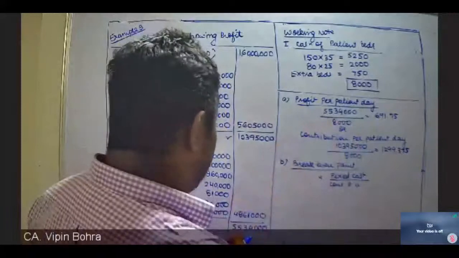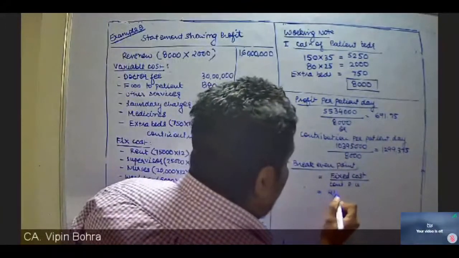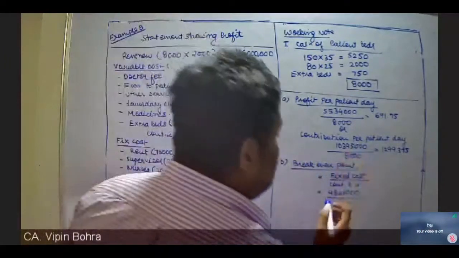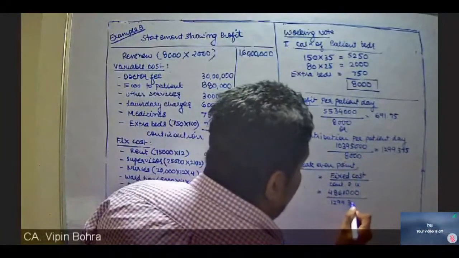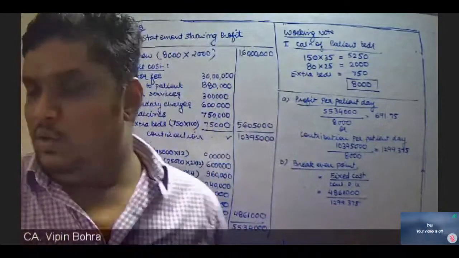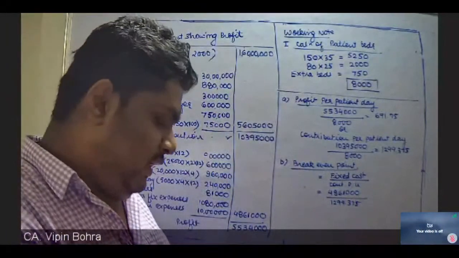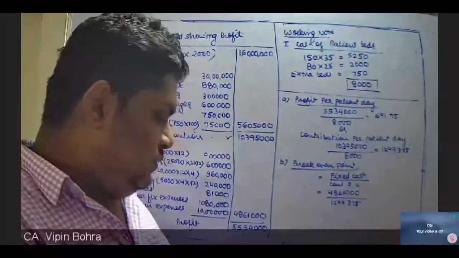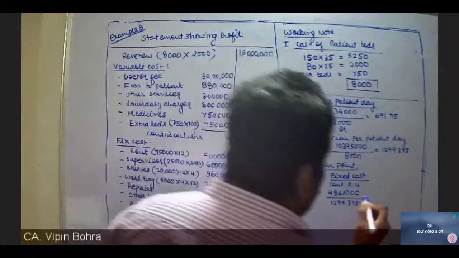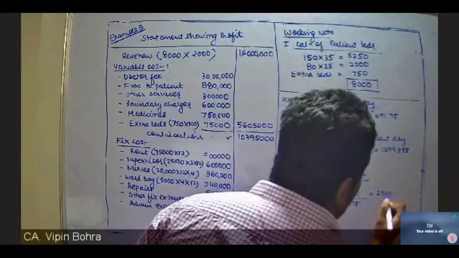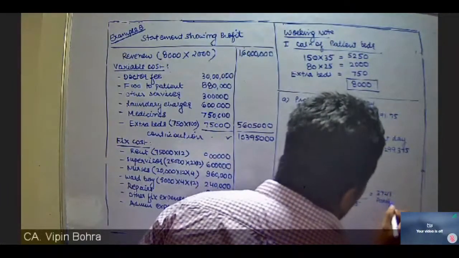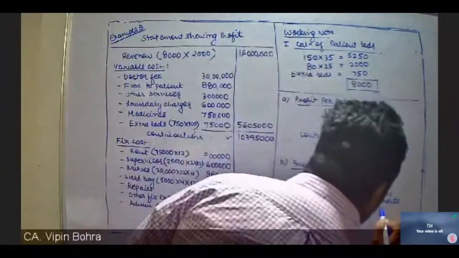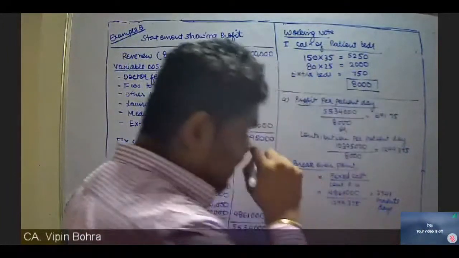So now here our fixed cost is 48 lakh 61,000 divided by contribution per patient day, it is 1299.375. It comes to 3741 patient days.